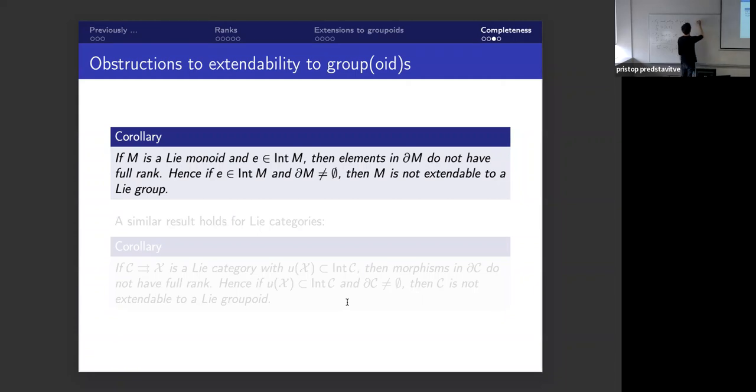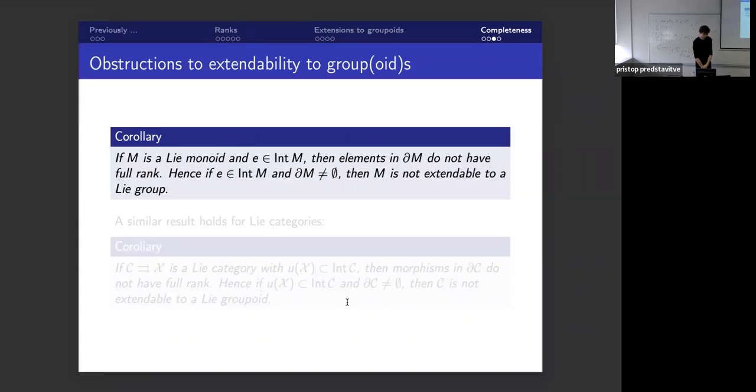We assume there is an element G in the boundary of M such that this is an isomorphism, and take an inward pointing vector at the boundary element G. Because this is an isomorphism, we can extend this vector to a global left invariant vector field on our monoid, and then this goes against what was said in the previous theorem, that our vector field must be tangent to the boundary at the boundary points.